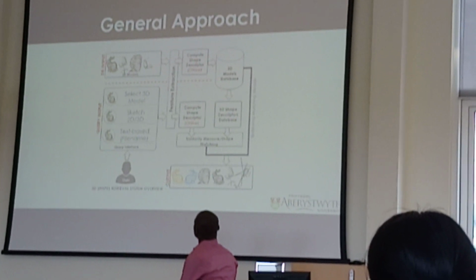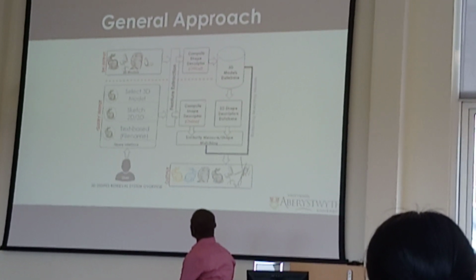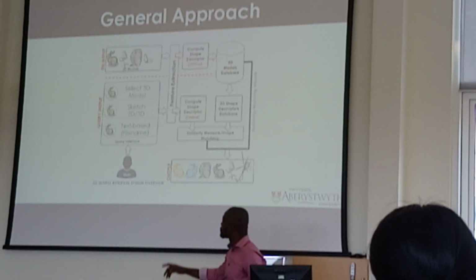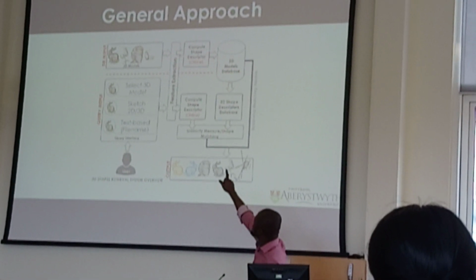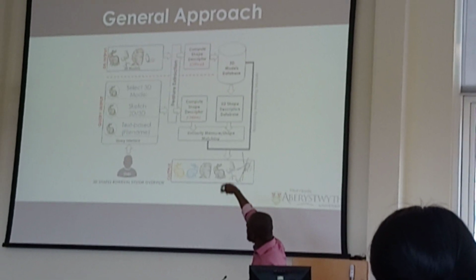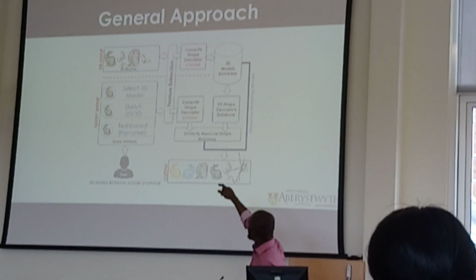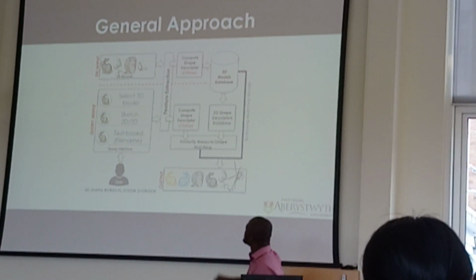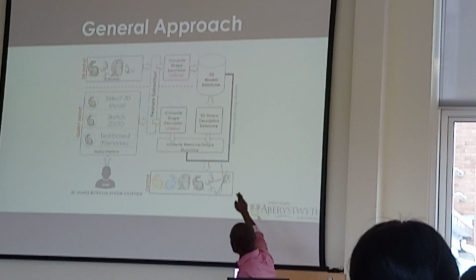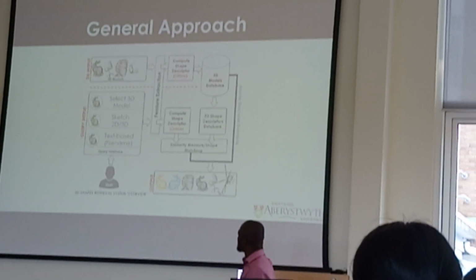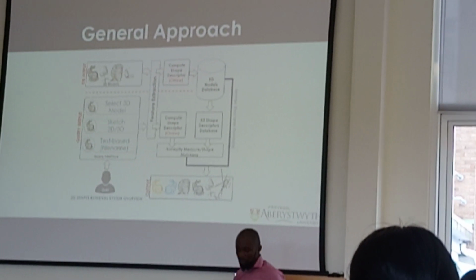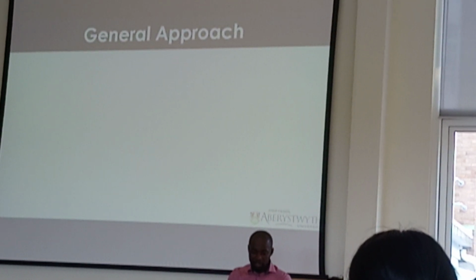But the current approach we are employing is, like I showed before, given a query 3D model, we extract features and compute the shape descriptor, and then match it against the shape descriptors that were previously computed and indexed in the database. We perform similarity matching over these, and then similar models are retrieved to the user.